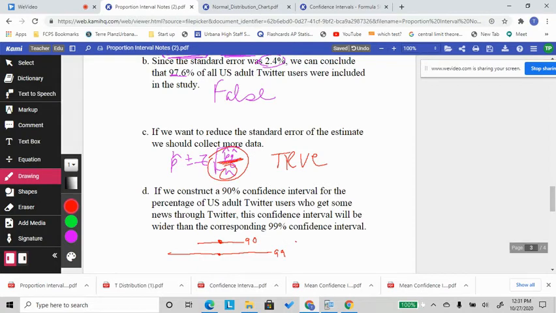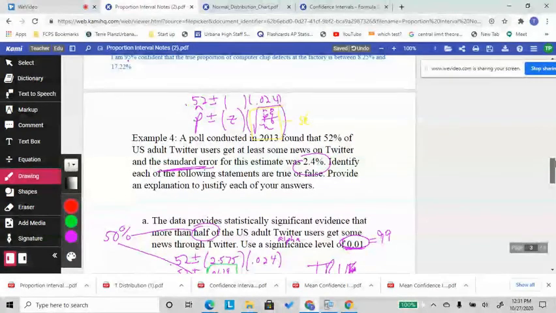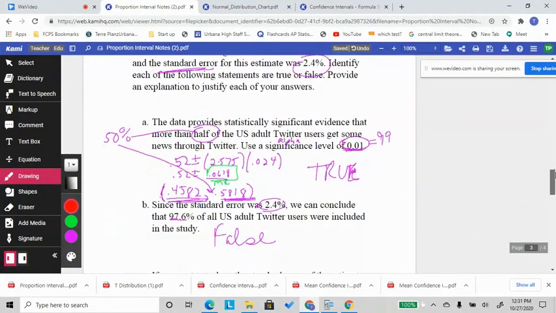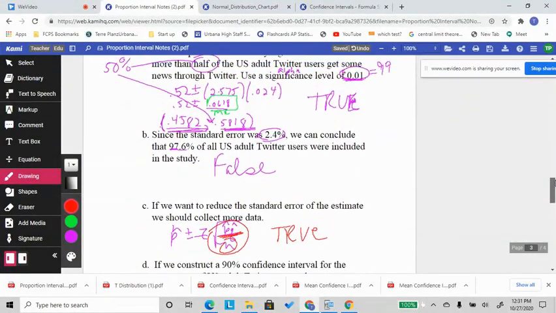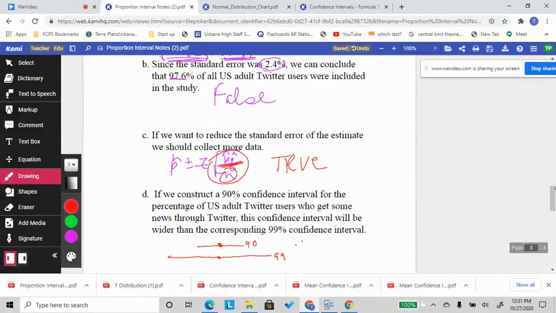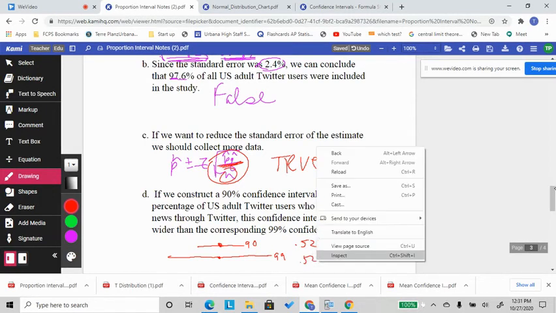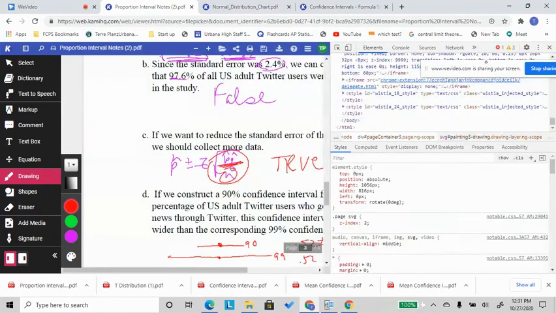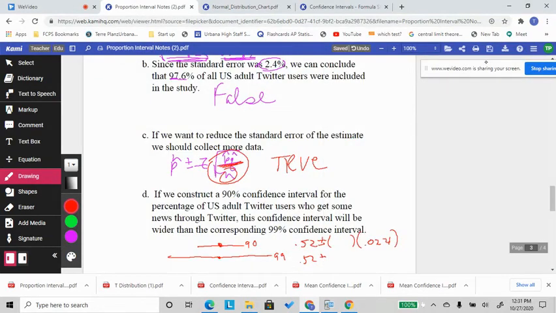For 90, the formula was 0.52 plus or minus, and then the standard error is 0.024 for both of these intervals, right? Okay, so 90, the one we did was 99. That was 2.575.